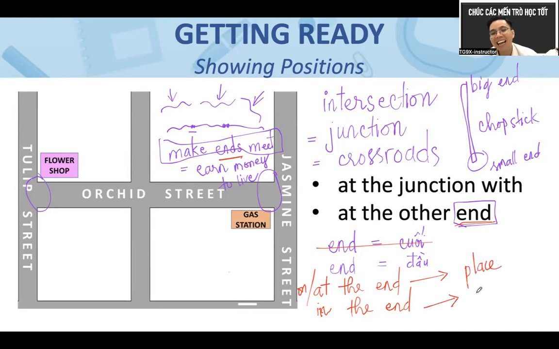And in the end is time. Perfect. At the end refers to a place, but in the end refers to a time. After many attempts to kill Tấm, in the end, Tấm killed Cám at the end of her house.